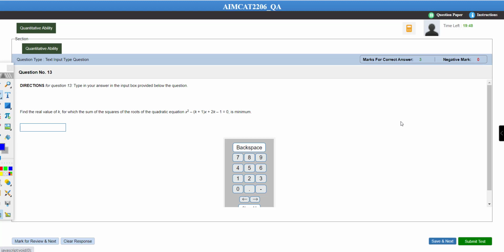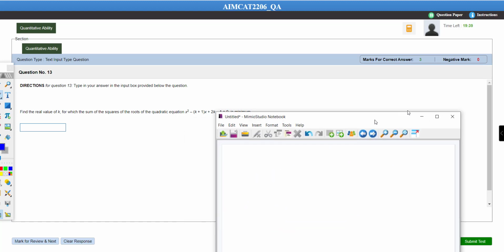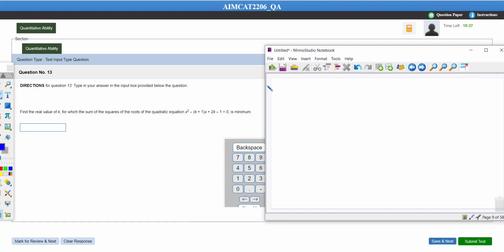Question number 13. Look here. Find the real value of k for which the sum of the squares of the roots is minimum. The equation given is x square minus (k plus 1) into x plus 2k minus 1 equal to 0. We want to find the sum of squares of roots, that is alpha square plus beta square.